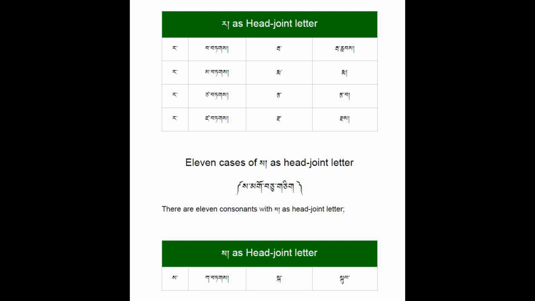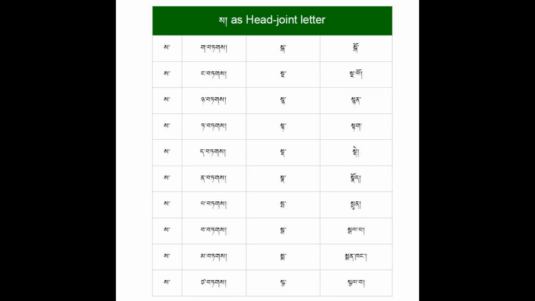Please understand that most of this has to do with knowing how many and which consonants a certain head joined or subjoined letter is used with. That is the only thing that needs to be understood in this chapter. There isn't a lot of concept involved, so I'm going quite fast. Now, there are 11 cases where we have sa as the head joined letter.